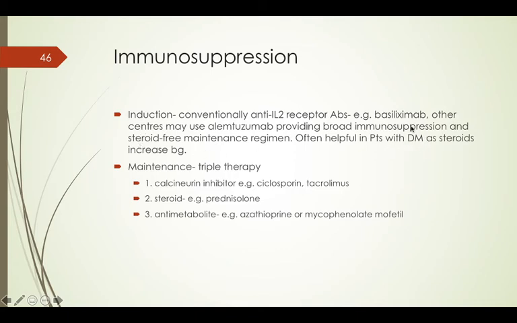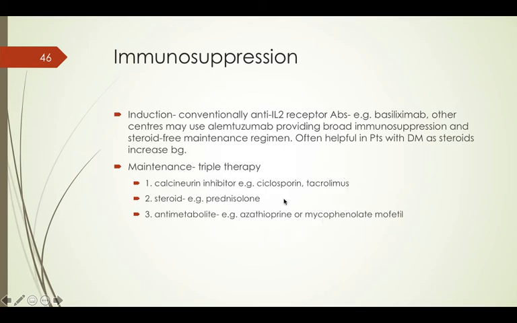And as I said, side effect of steroids can often be hyperglycemia, so that's why it's often not preferred in diabetics. And then for maintenance, we're thinking about triple therapy. So calcineurin inhibitors, cyclosporine. Side effects include hirsutism and gum hypertrophy. Tacrolimus, again another calcineurin inhibitor, often associated with NODAT, new onset diabetes after transplant.